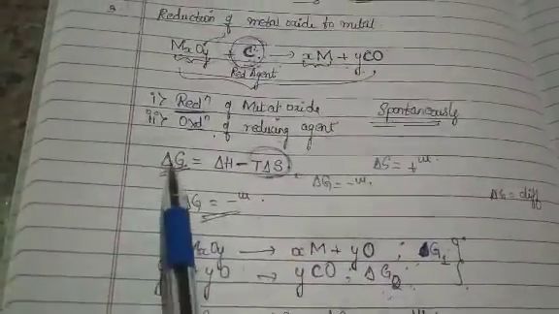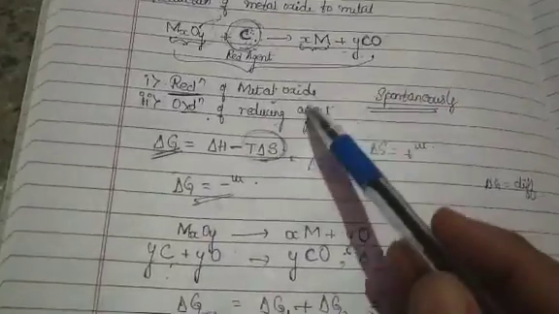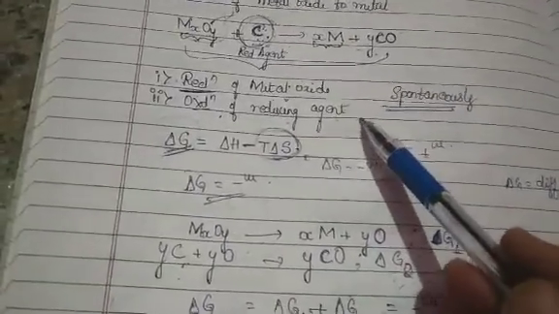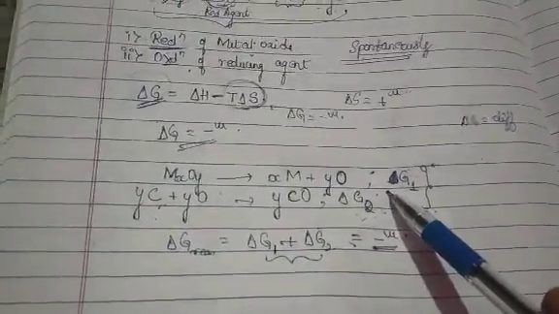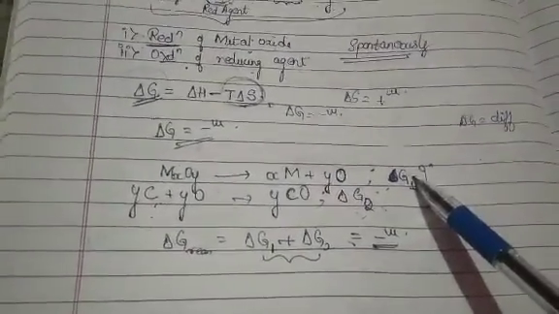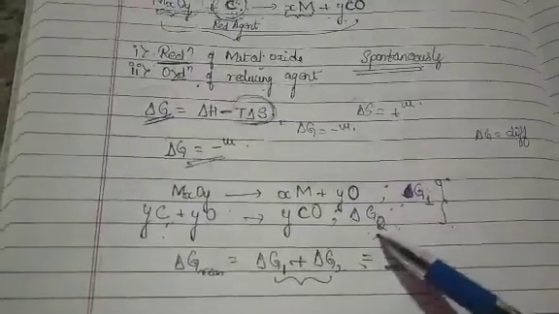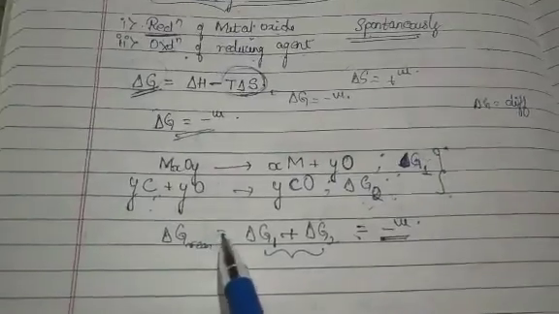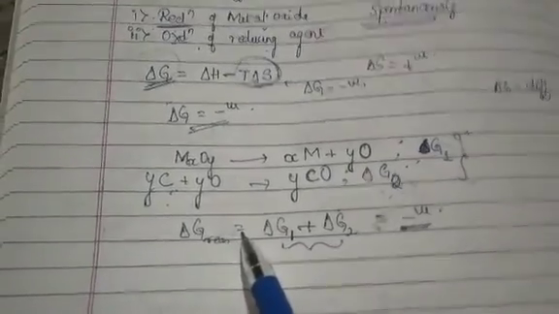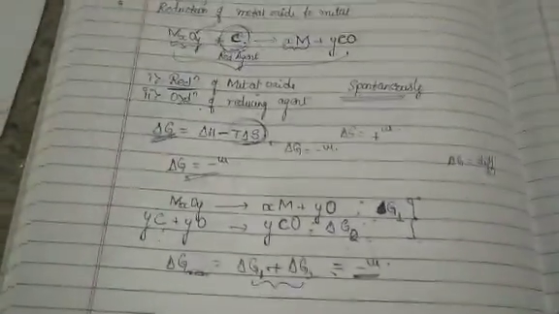But how do we calculate this delta G? Of course, for the two reactions we have taken within a major reaction, we independently calculate their Gibbs free energy. Once we calculate the Gibbs free energy, what does this indicate? When you take the sum, the overall Gibbs free energy for the reaction should be negative.